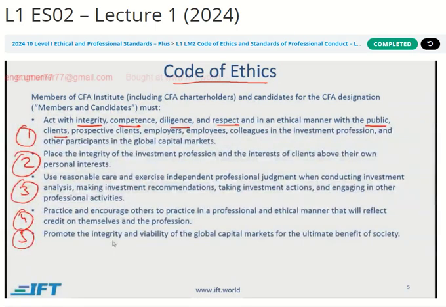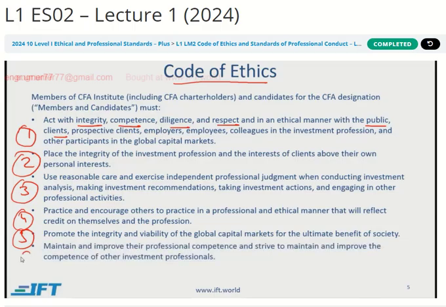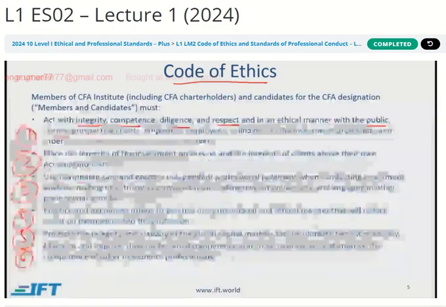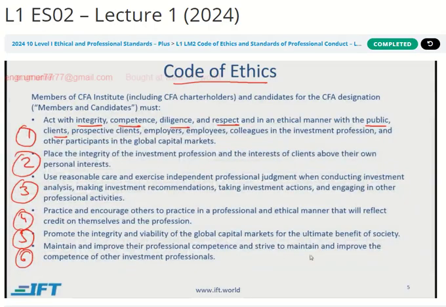Number 5, promote the integrity and viability of the global capital markets for the ultimate benefit of society.